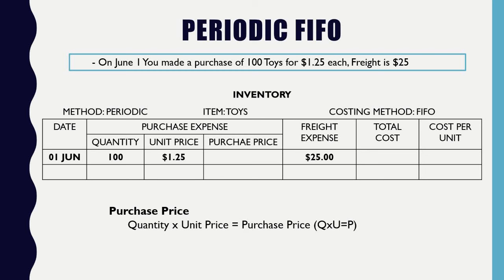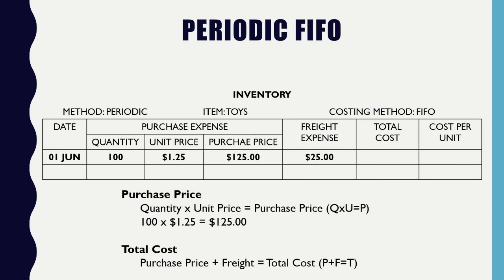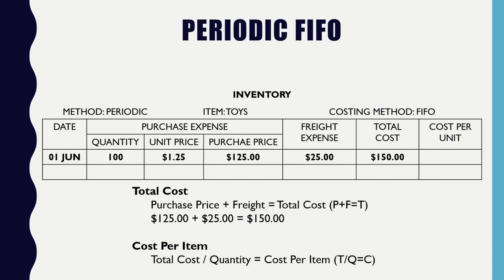To solve for purchase price, which is quantity times the unit price, gives you a total of 125. Now, we're going to be solving for the total cost. The total cost is going to be your purchase price plus your freight, which is 25, and we get a grand total of 150, which is exactly how we journalized it.